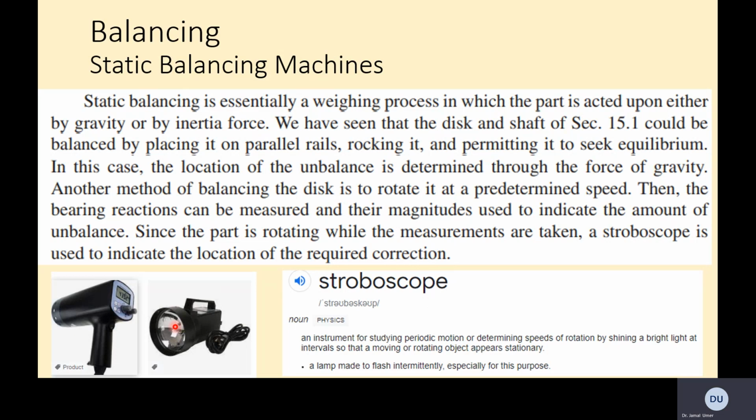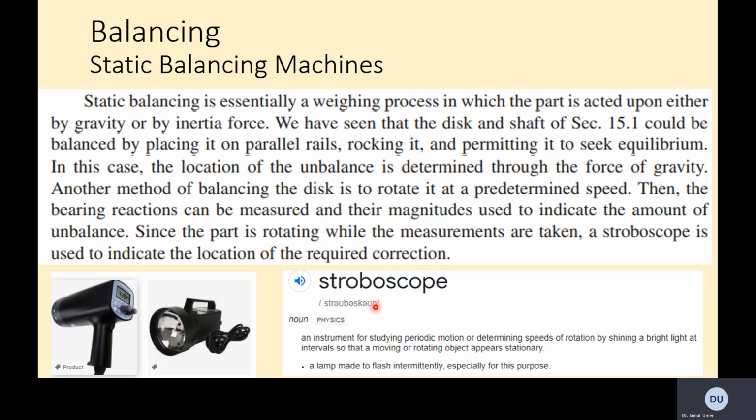It's a very interesting physics problem. Your part is moving with a certain frequency, and you are flashing a light with the same frequency, so your part will look stationary because of that light. This is the beauty of the stroboscope.